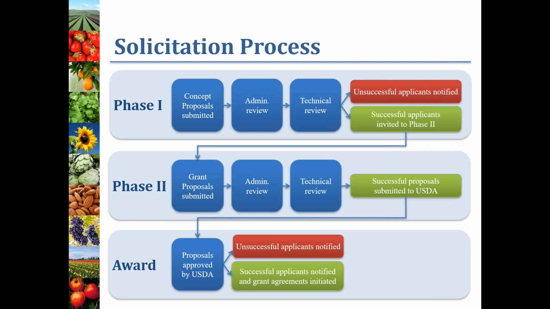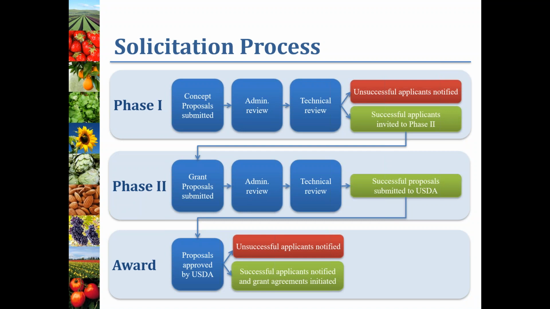CDFA will advise all applicants whether or not they are invited to submit a grant proposal. For applicants invited back, the feedback from CDFA and the Technical Review Committee will be available in FAST. And this is to assist in preparation of the grant proposal.